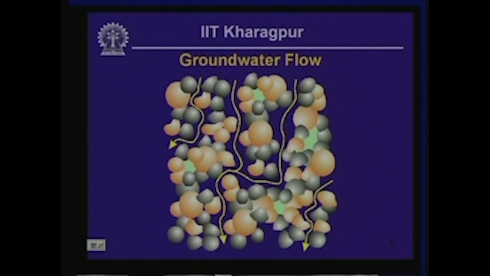We have not shown the adsorbed moisture which is held by electrical bond on the surface of individual soil particles in this cartoon, but that portion of soil moisture, as we have already stated, is also not going to be considered a useful source of groundwater.